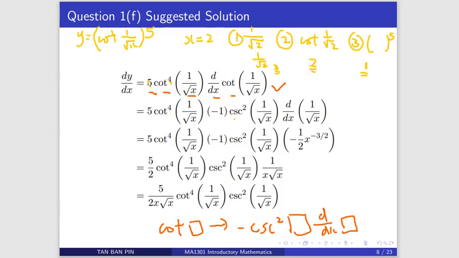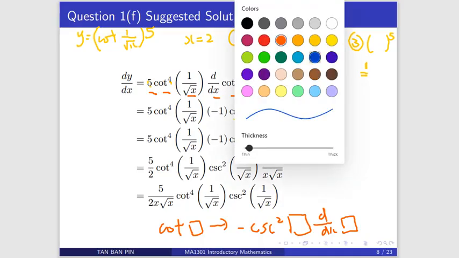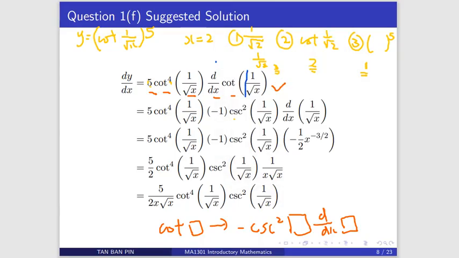You're looking at cotangent 1 over square root x, so inside the box you fill in 1 over square root x. So differentiating cotangent 1 over square root x gives minus cosecant squared 1 over square root x, and d/dx of 1 over square root x. That's how we get this step.